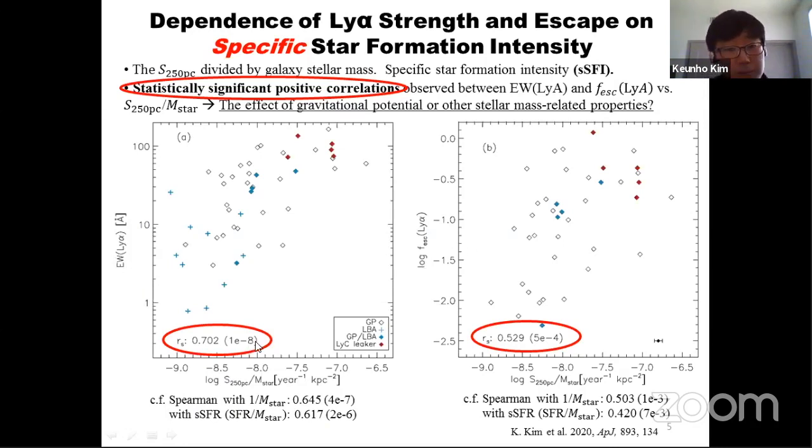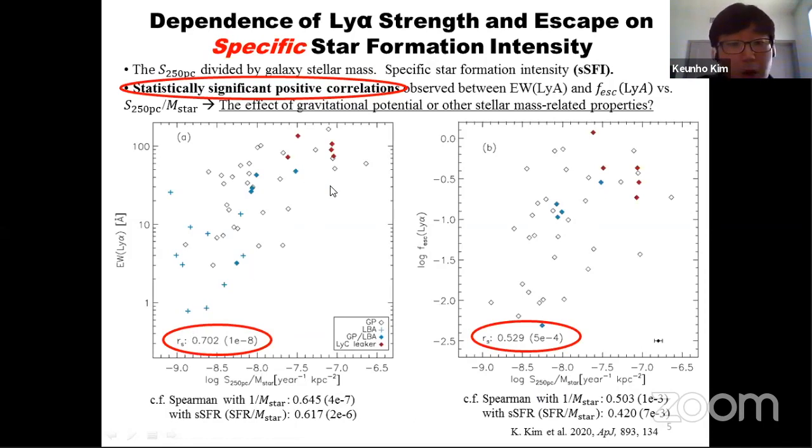And the correlation coefficients are among the most significant among the ones we've investigated, such as with 1 over Mstar or the total specific star formation rate, as shown here.